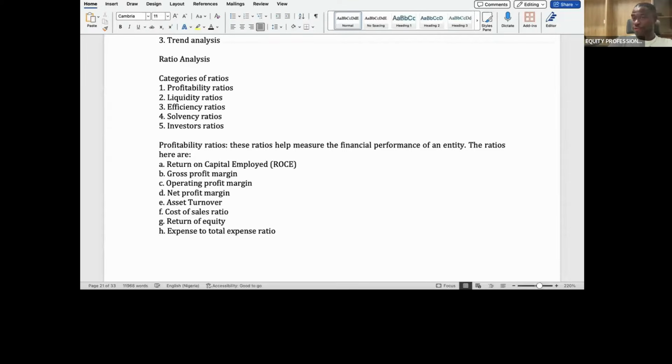Now at your level, we expect that you should all be familiar with these ratios. So the examiner is not totally concerned about you knowing the formula because they believe that you have done that before. The focus of the examiner for you is more of the interpretation and analysis of these ratios. It is at skills level that we emphasize a lot more on the formula.